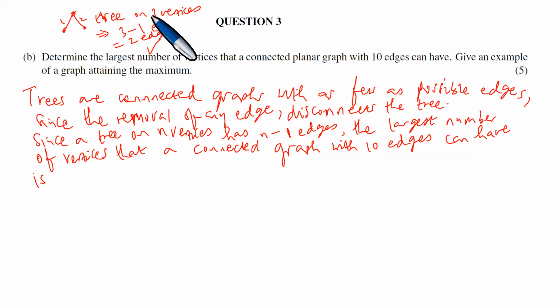The vertices will always be one more. So if you have 10 edges, the vertices will therefore be 11 of them.